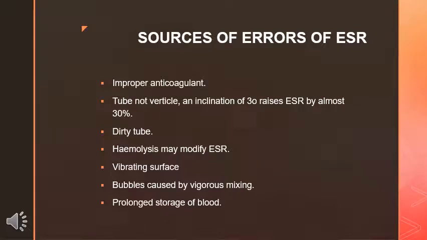If the surface is vibrating, then RBCs will settle more as compared to others. Then bubbles caused by vigorous mixing: if bubbles are present in the vertical column, then you will see different columns in the tube, and you will not be able to note the proper value of ESR. Prolonged storage of blood can also damage your final results.